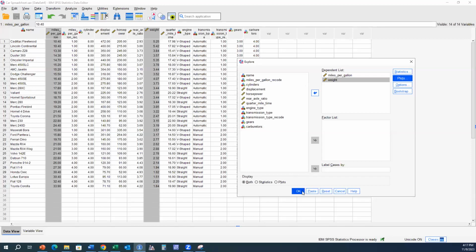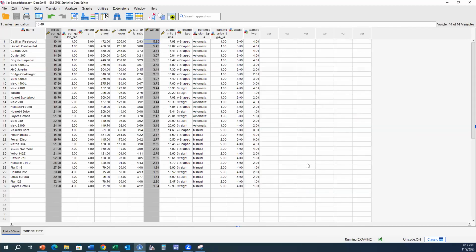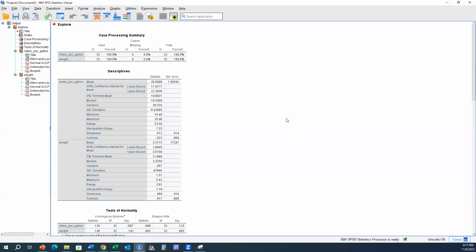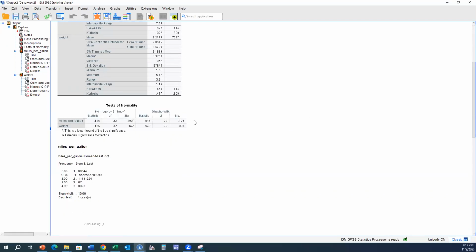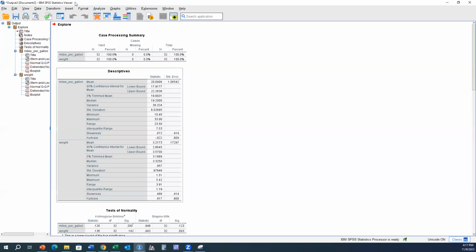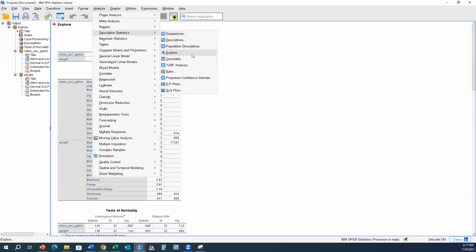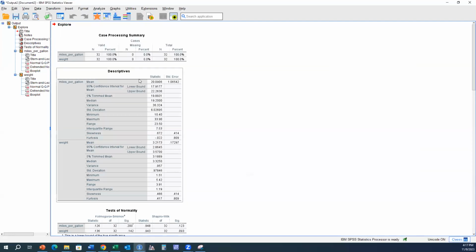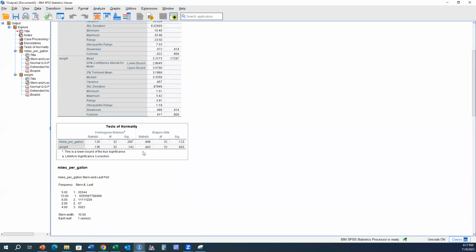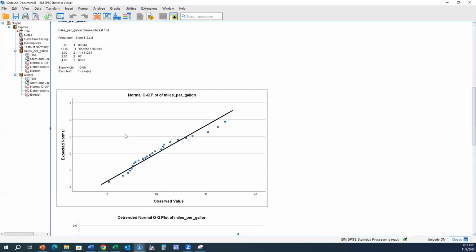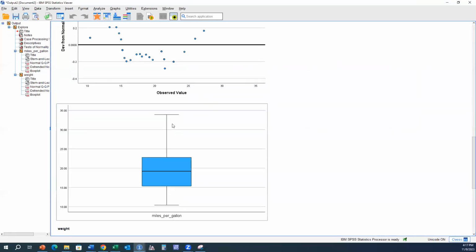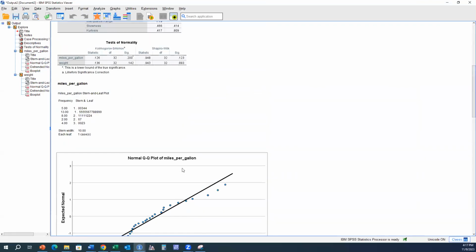Click continue and OK. Okay, so this gives a lot of information. This explore option here that I just did, it gives descriptive statistics, it gives the tests of normality, it gives you QQ plots and box plots.